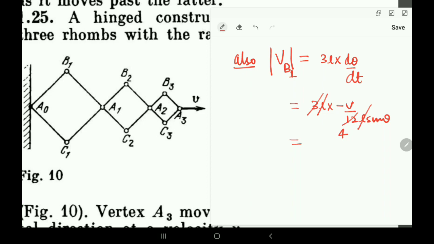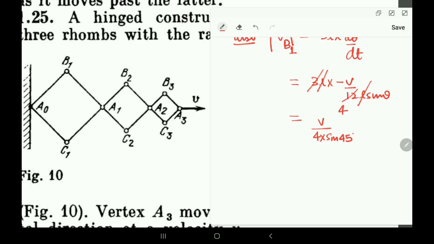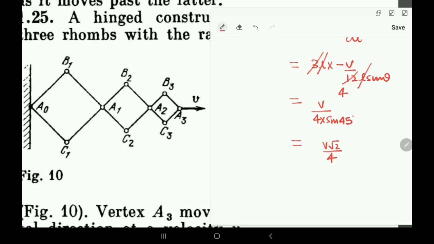So the net velocity will be perpendicular to the line B1A0, and that will be B1A0 into d theta by dt. B1A0 is 3L, and d theta by dt you already know, we have calculated. You will just put the value V by 12 L sin theta, and we take the magnitude. So the final answer will be V by 2 root 2. Joint B1 is moving with respect to ground with a velocity V by 2 root 2 meter per second.